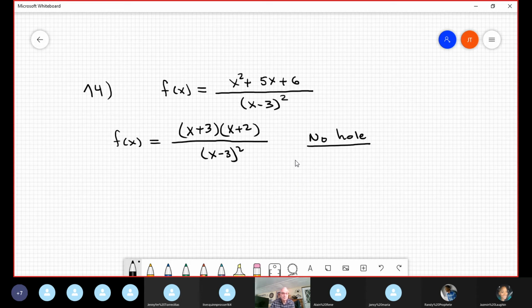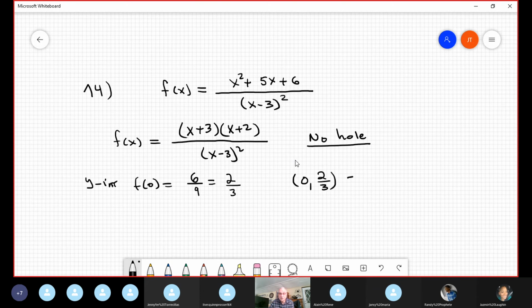After that, y-intercept, x-intercept. Y-intercept, evaluate the function at 0. When you evaluate at 0, on the top we have 6. And the bottom we have 9, I suppose. It's 0 minus 3, (minus 3) squared, 9. And reducing to lowest terms, 2 thirds.